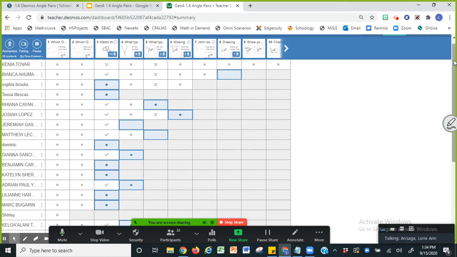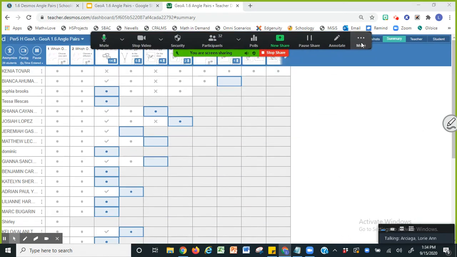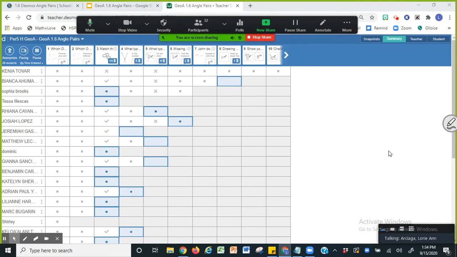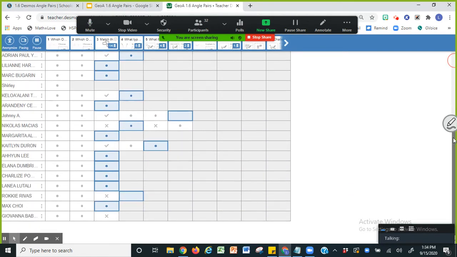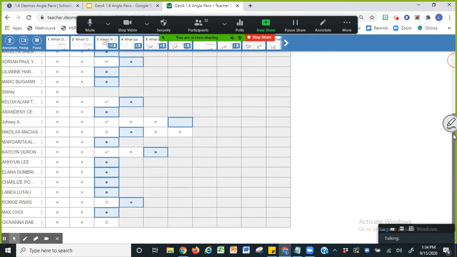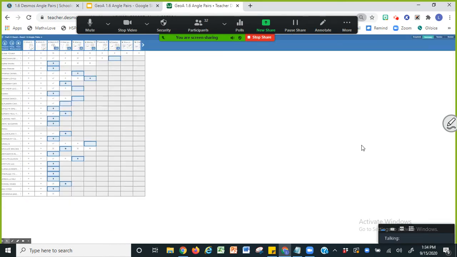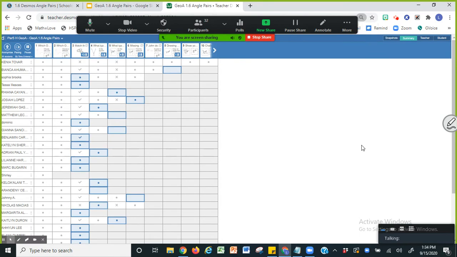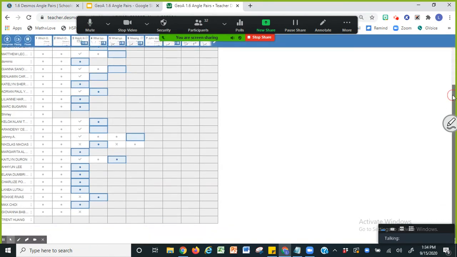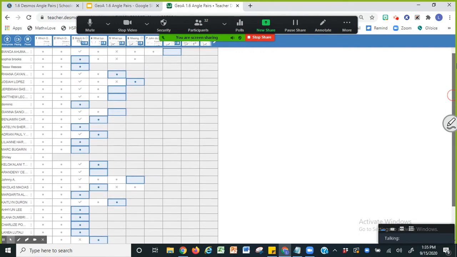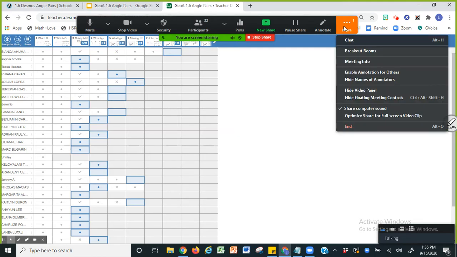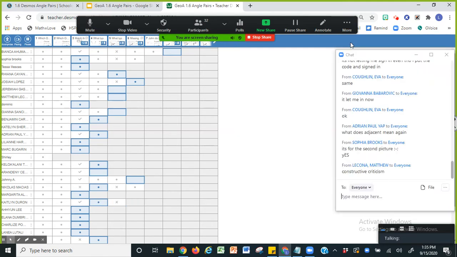I'm just gonna show my teacher dashboard then. So if you see an X, I'm not gonna comment, I'm just gonna say okay. I'm not gonna say anything. Too small. Okay. Can I show everyone's name? Constructive criticism.